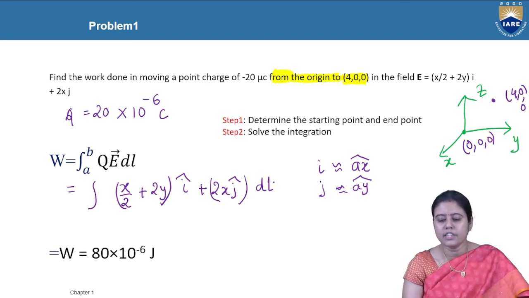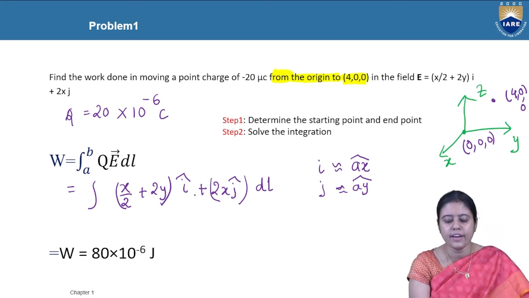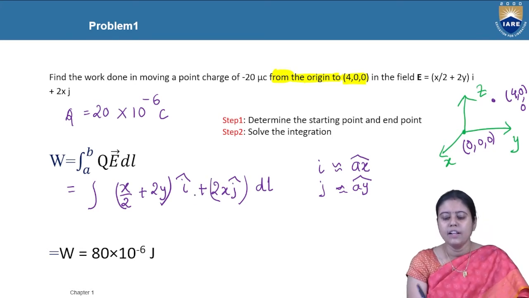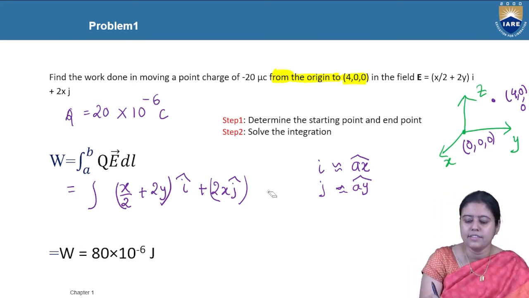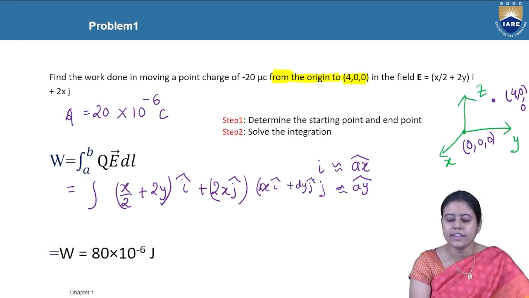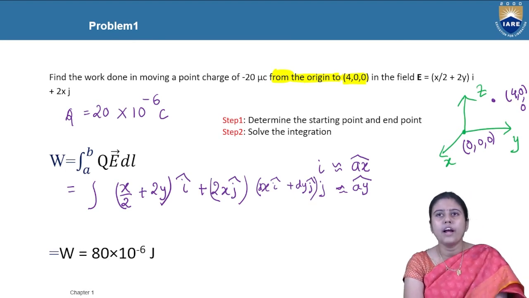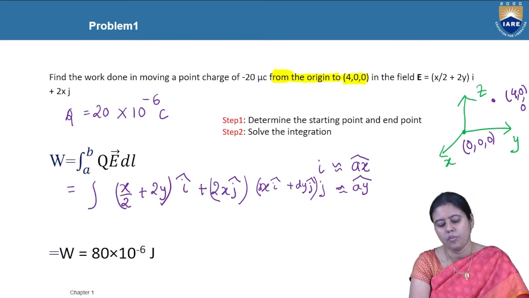What is the integration range? Integration range is from origin to (4,0,0). So what is dl? dl we can write as dx into i plus dy into j. As in this equation there is no z component, we are not writing the z component.